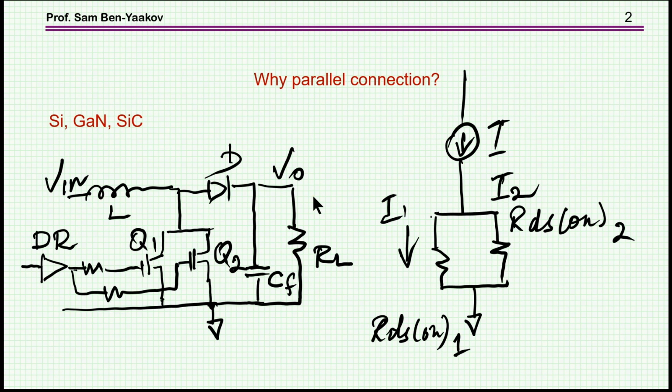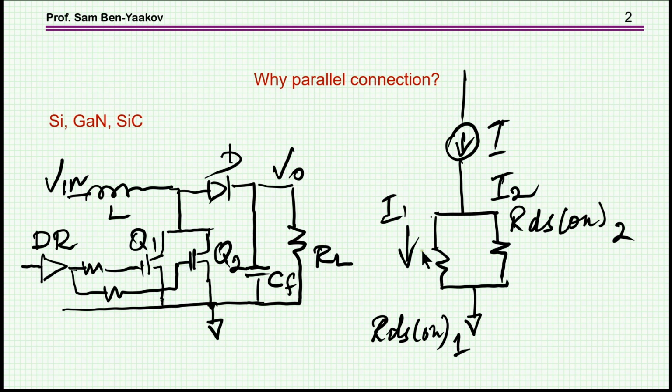Now, why do we need to connect transistors in parallel? Well, the obvious reason is that if a single transistor is insufficient to carry the current without heating up, then we can use two or more transistors in parallel in order to split the current and divide it between the parallel units.